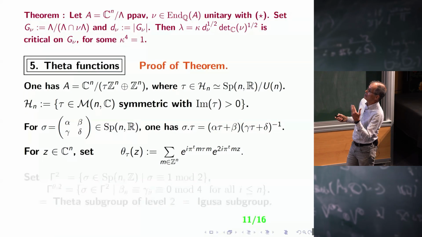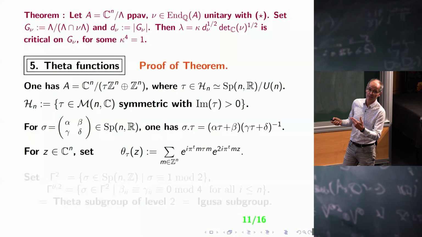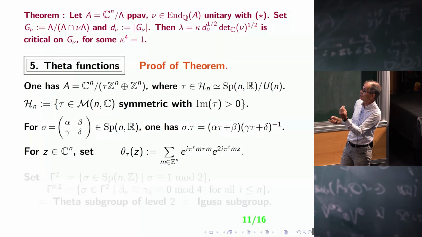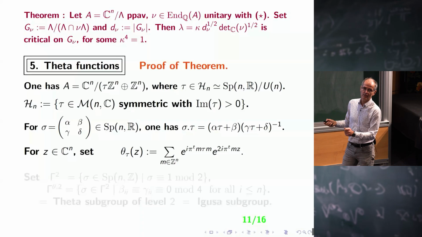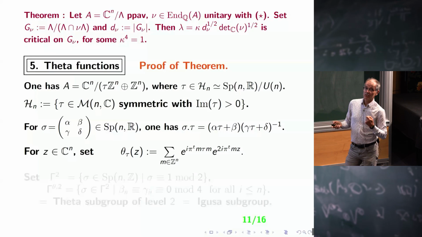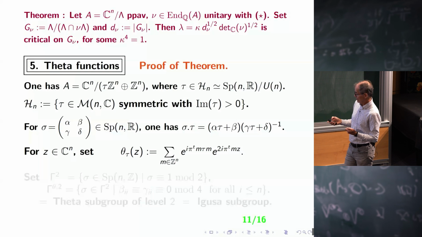I just know tau up to Sp_n(Z). But I have to choose tau to know the theta function. So it will be important to understand how tau changes when you let the symplectic group act.